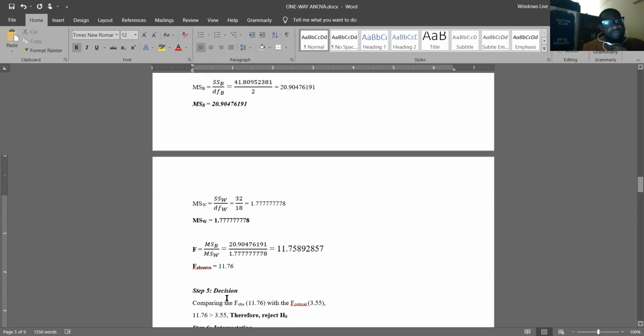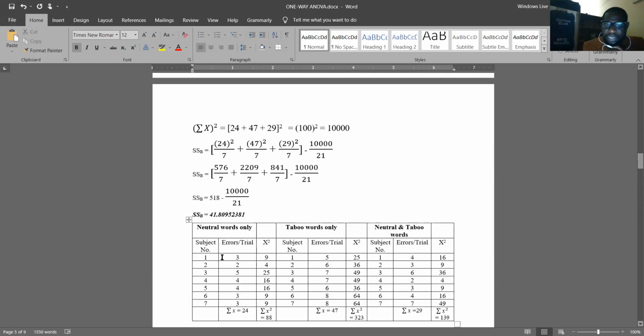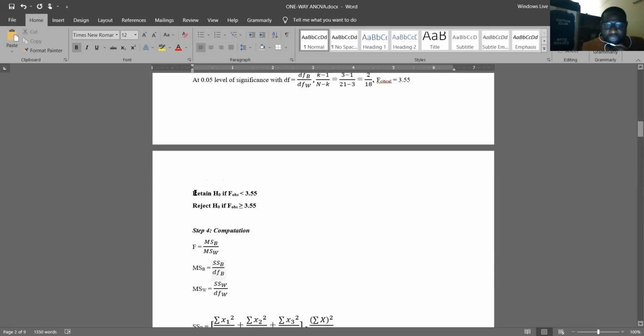So after the computation, the next step we are supposed to do is to make a decision. Like what we normally do for the previous ones, you're supposed to compare this F observed value with our critical value. So let me copy the decision rule that we made.